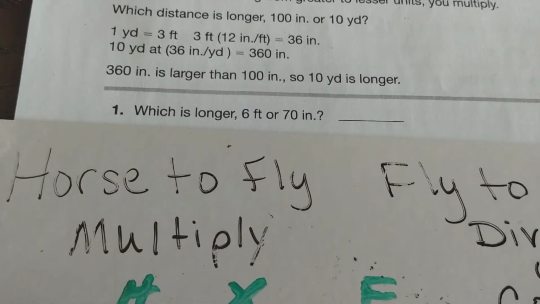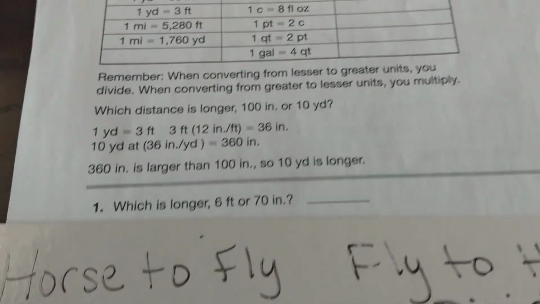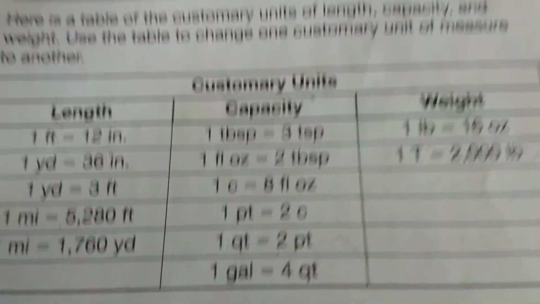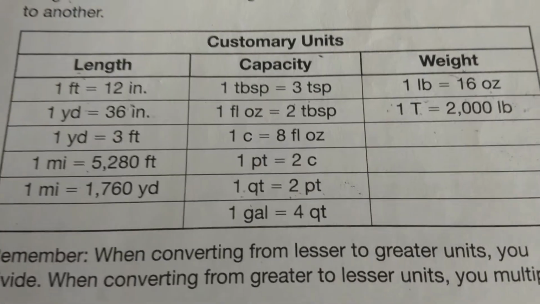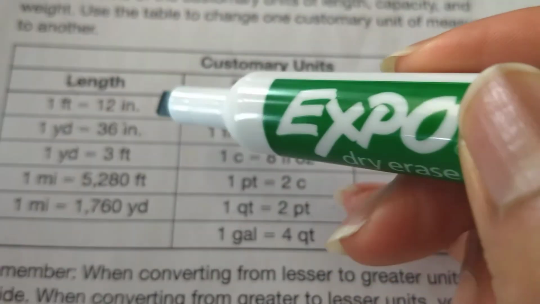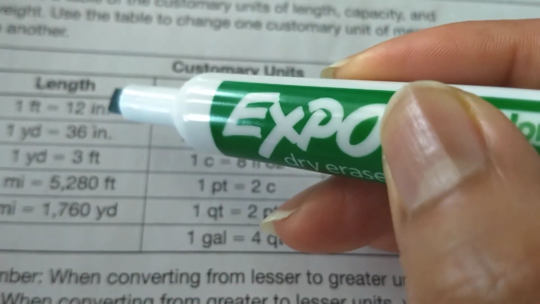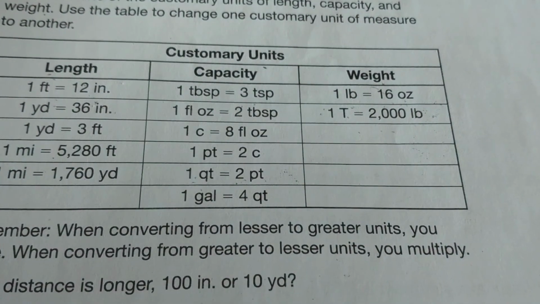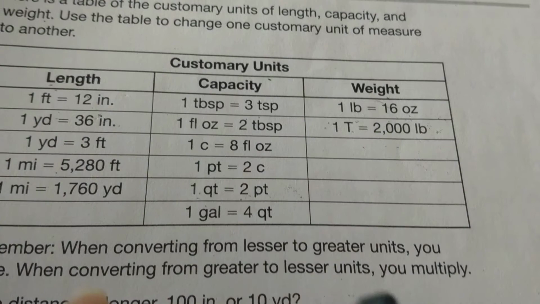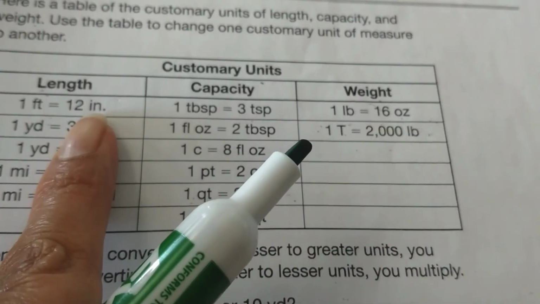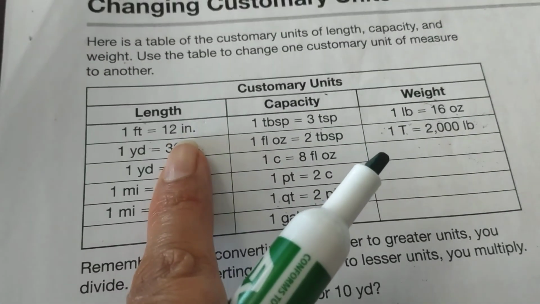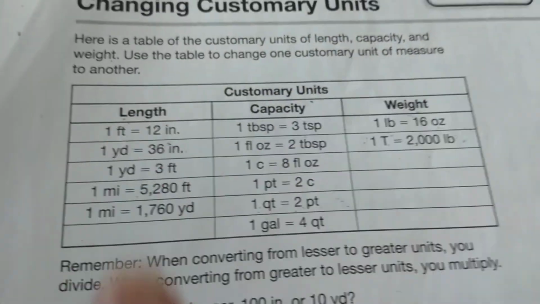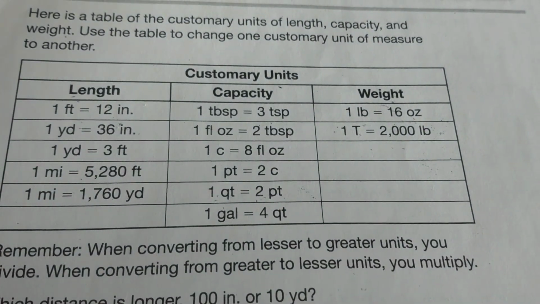We already talked about this, right? Let's go back up to our chart. Feet to inches. 1 foot equals 12 inches, right, guys? Okay, so what do I multiply by? The larger number, always, not the number 1. You're always going to multiply by the larger number, which will be 12. All right, so 6 times 12.